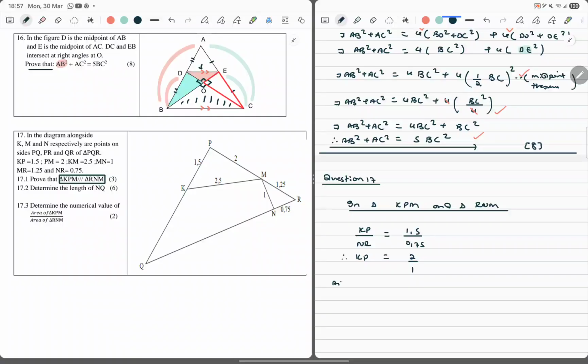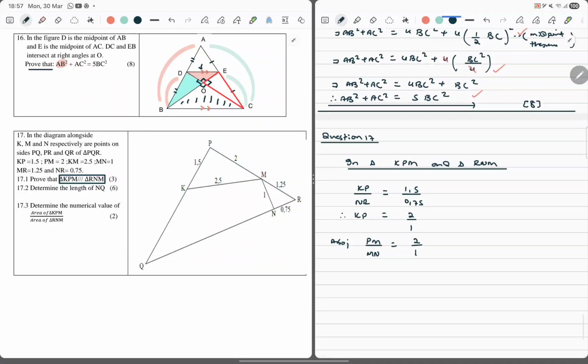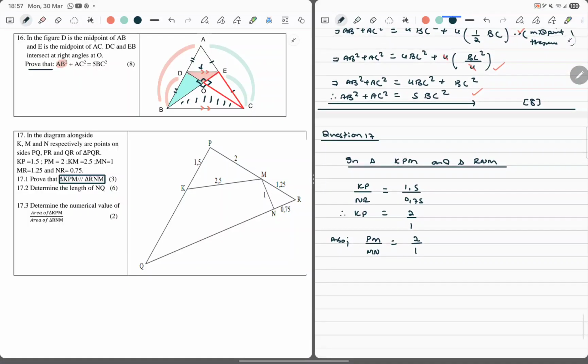Right. We can say also, we know that, of course, guys, this one is going to be a bit ridiculous, but what can I do? I'm going to say PM over, what is the side that corresponds with PM? It is MN. This is going to be 2 over 1. Right, and of course the last one, we can say likewise, we know that MR, what's going to be MR?